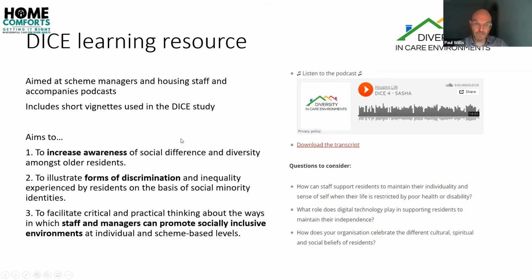So increasing the awareness of staff, seeking to illustrate forms of discrimination and inequality experienced by residents belonging to minoritized groups, and to provide a platform for opening up conversations and reflections amongst staff about the ways they can do more work around promoting socially inclusive environments, both in terms of individual interaction with residents and also across schemes, so at a scheme-based level.